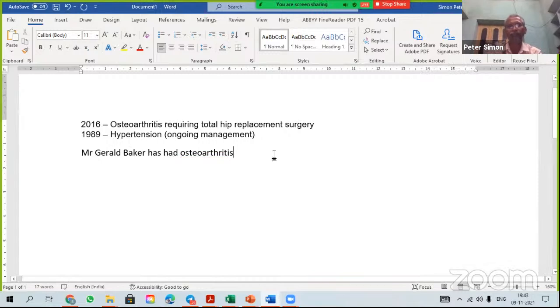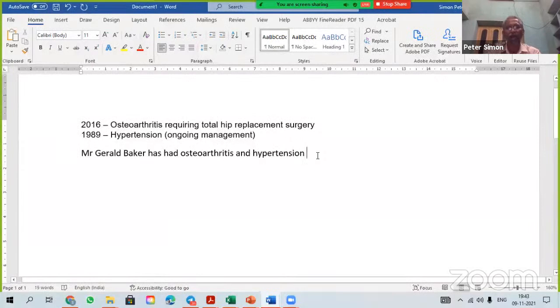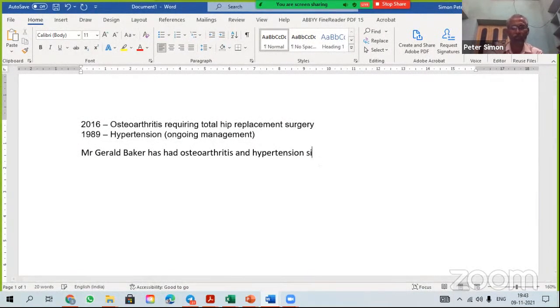First one is osteoarthritis, then the next one, and hypertension. Mr. Gerald has had osteoarthritis and hypertension since 2016 and 1989 respectively.